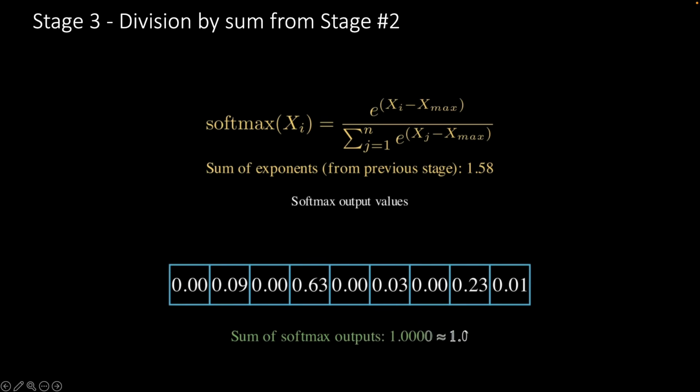And exponent evaluation is somewhat expensive. So most implementations usually calculate this exponent expression per element only once in the second stage, and then keep it for the third, or save it to memory and then load it from memory for the third stage for the normalization. All right, so we have a normalized series of numbers.